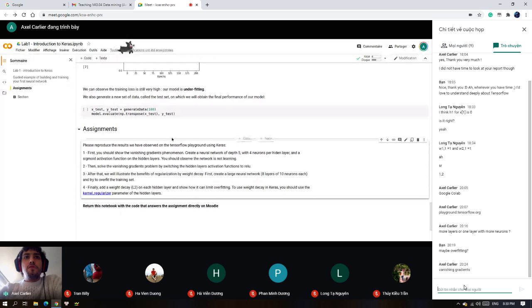You can create a neural network of depth 5 with 4 neurons per hidden layer and a sigmoid activation function in the hidden layer. You will observe that the network is not learning. And if you change the hidden activation function from sigmoid to ReLU, then you should observe that the network is learning.